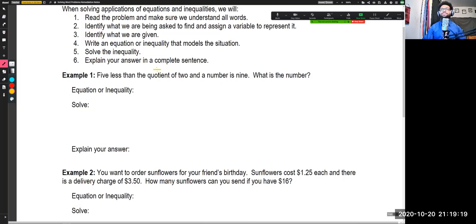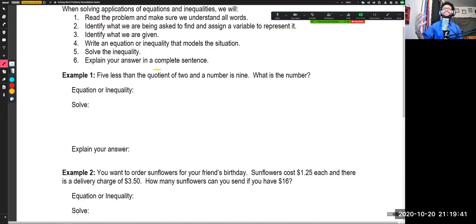And to set this one up, 5 less than the quotient of 2 and a number is 9. Now here, when we are doing these, since we have started doing inequalities, the inequality is going to go closer to the end of the statement that's giving us the setup. Here is saying 5 less than the quotient.